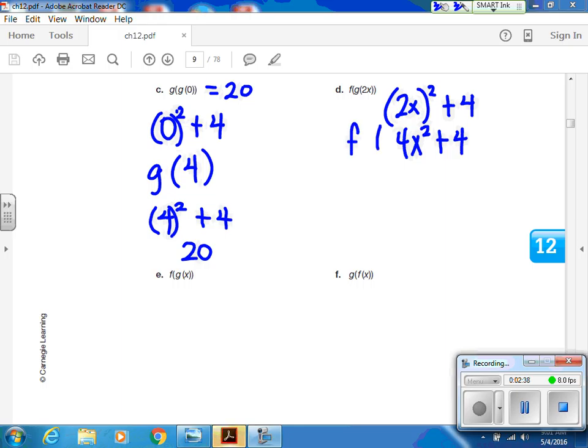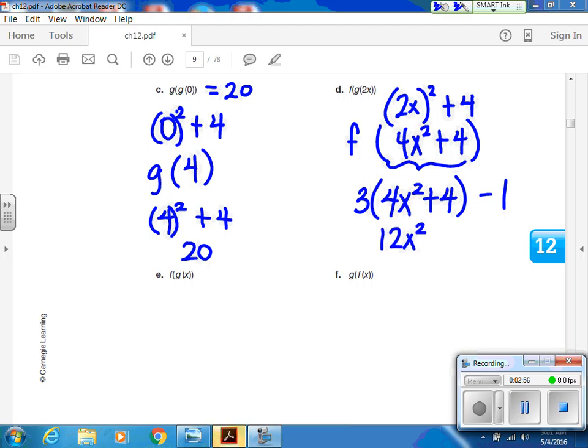So then this whole thing goes into f, which is what? 3x minus 1. So it's 3 times, everywhere you see an x, you put this whole thing in: 4x squared plus 4, minus 1. So I have 12x squared plus 12 minus 1. So my final answer, I'm totally out of room, is going to be 12x squared plus 11. That's my final answer.